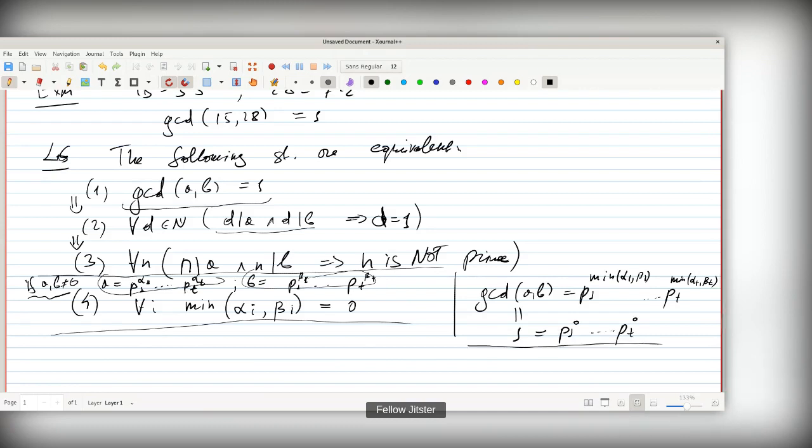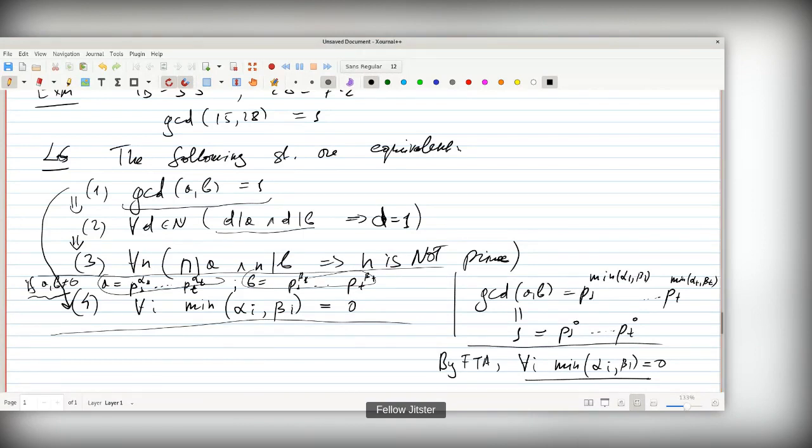Then, by the fundamental theorem of arithmetic, we have just one prime factorization, that means that the minimum here is always 0. So from the first one, it follows the fourth one.